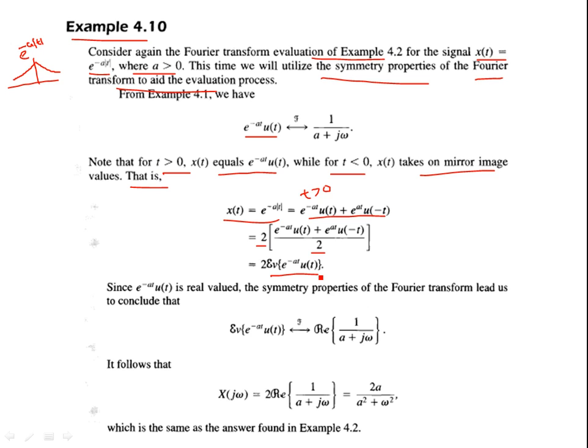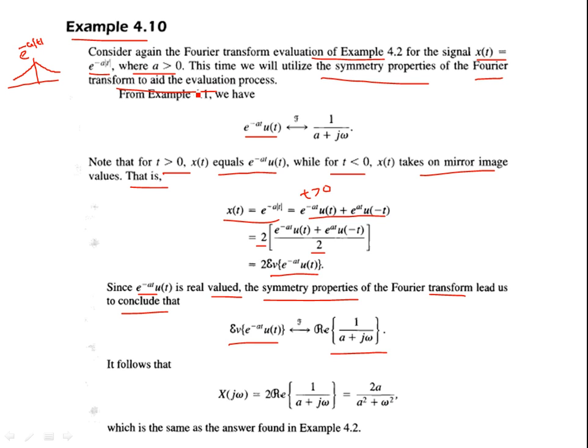Now we know that for an even signal, since e^(-at) is real valued, the symmetry property of the Fourier transform leads us to conclude that the Fourier transform is the real part of 1/(a + jω). The real part of this quantity is 2a/(a² + ω²).